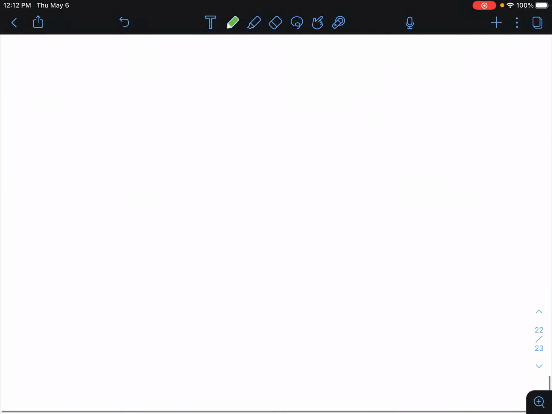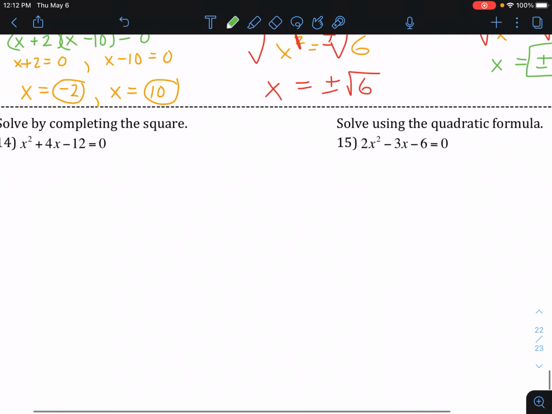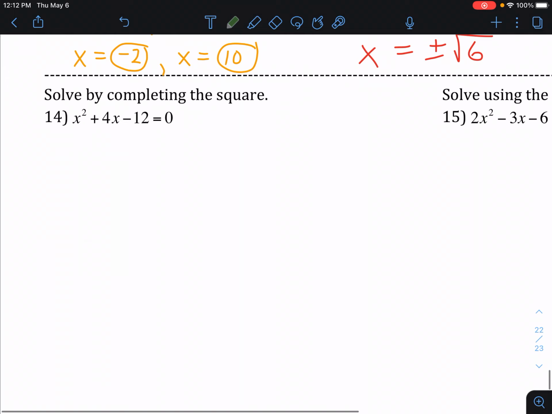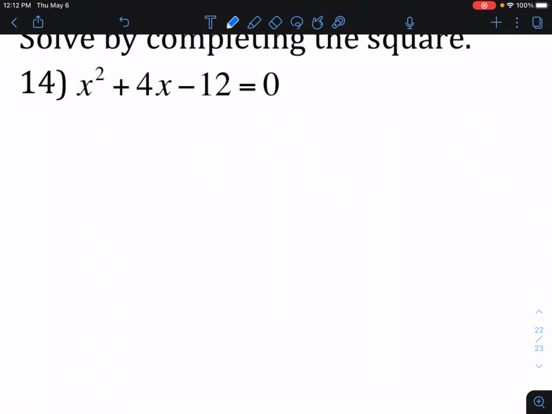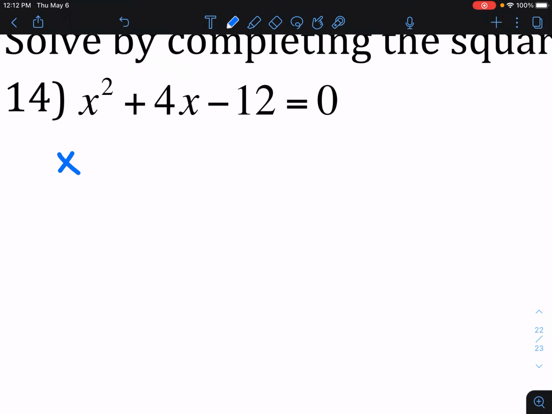Okay, next up, completing the square and then quadratic formula. These are the last two in the review. So for completing the square, we do not want it set equal to 0. So we're going to add 12. Then let's leave ourselves a little bit of space here.